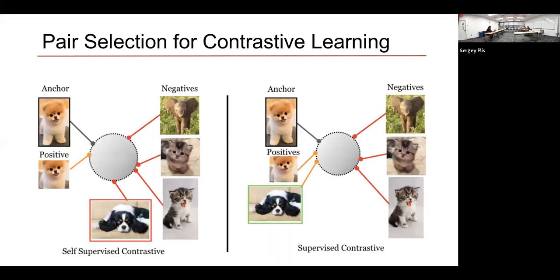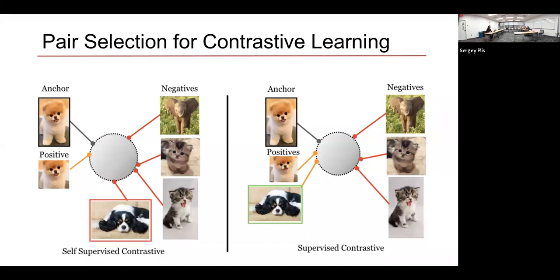So this slide is a good one to understand how the data set will be constructed for every batch. Suppose we have a bunch of samples. Some samples are cat, some samples are dog, for example. So for every, do you have any question? Okay. Every sample can be considered as an anchor, and in self-supervised contrastive learning, all the other samples are treated as negative samples.